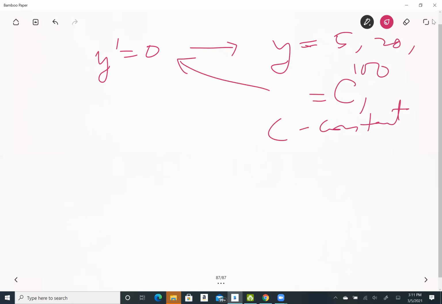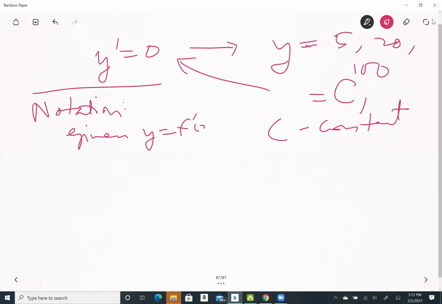Okay. All right. So now, given the idea, we can have the notation, and the notation of the integration based on the antiderivative. All right. So you are given y prime equal to f prime of x.